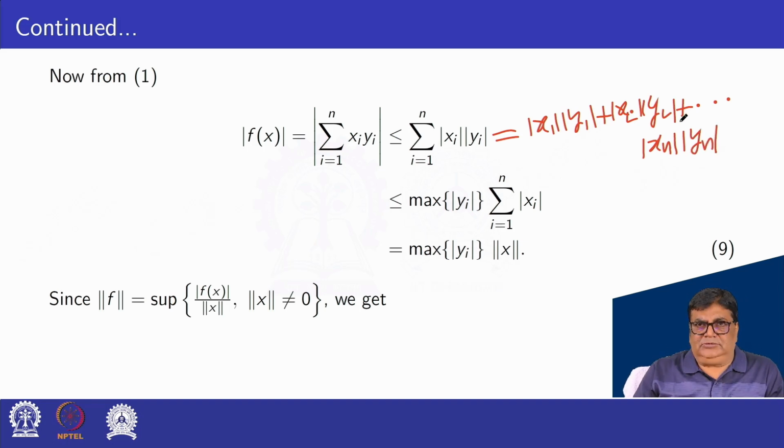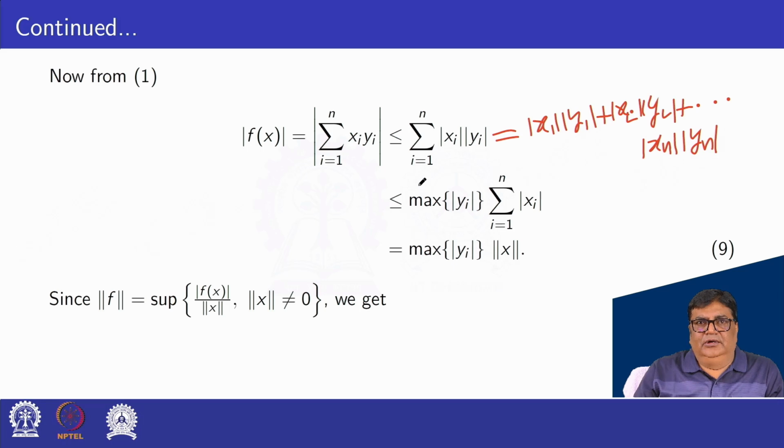Okay, we can take the max yi, whichever is larger. Suppose the yi term is maximum. So max yi common. So this can be written as summation i equals 1 to n mod xi.